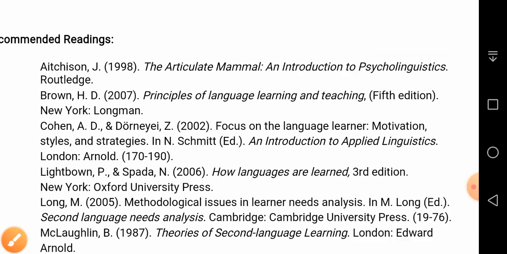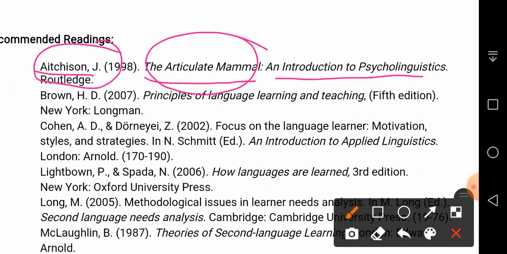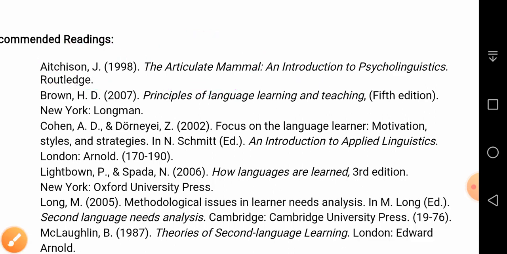But I have this book with me in printed form, by Jean Aitchison, and the name of the book is The Articulate Mammal. The articulate mammal means Homo sapiens, the human beings. And Introduction to Psycholinguistics. This book I have already uploaded into our WhatsApp group in PDF form, and I'm going to get it photocopied.